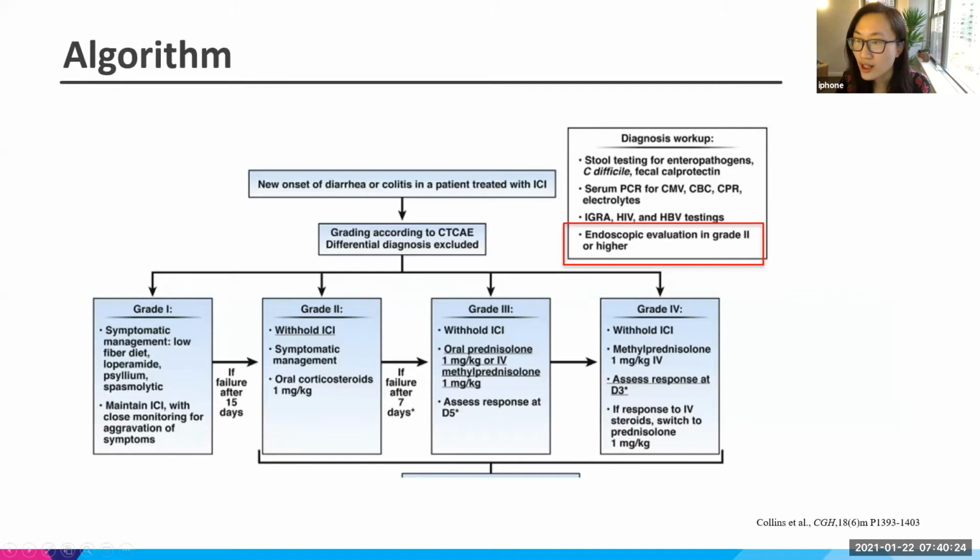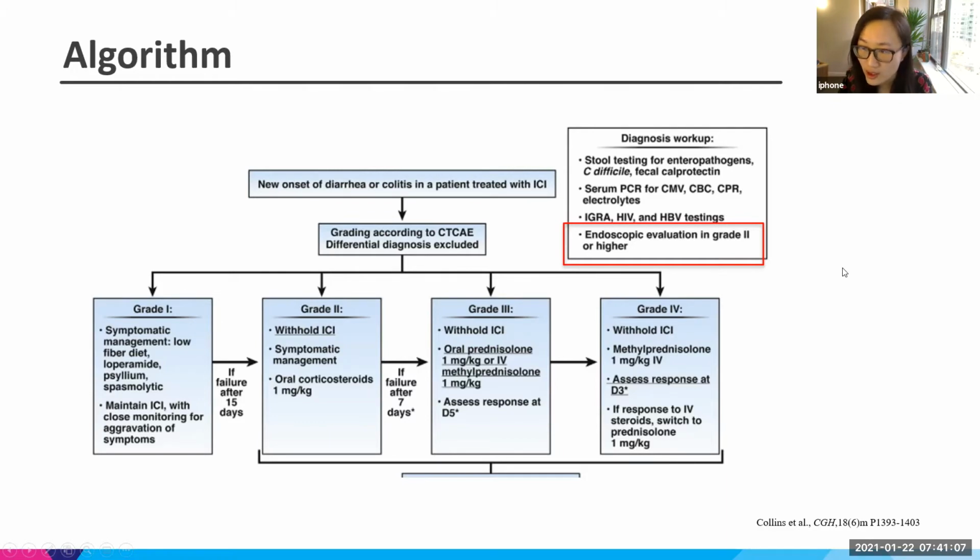So 40% of patients with diarrhea on anti-PD-L1 monotherapy actually have normal endoscopic findings. But when we consider the diagnosis, once you've ruled out infection, like we did in our gentleman, CMV, which a serum PCR doesn't necessarily correlate with potential findings on endoscopy, and other viral etiologies like HIV, HBV, and the patient has grade 2 or higher diarrhea, then an endoscopic evaluation should be considered.